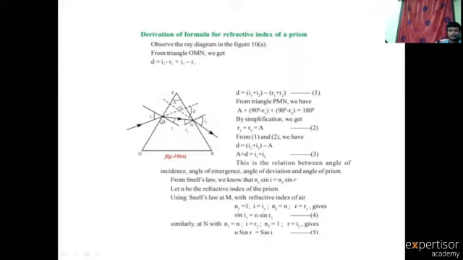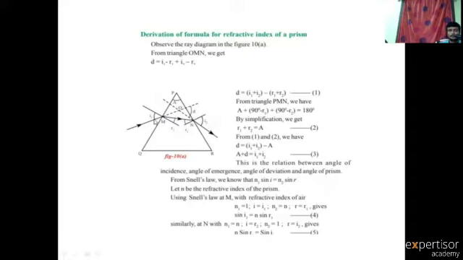Here, the light ray is passing through the PQ refracting surface at the point of normal. After that, refraction takes place at M. This refracted light ray passes through the other refracting surface PR. After that, it passes into another medium from the prism to air.